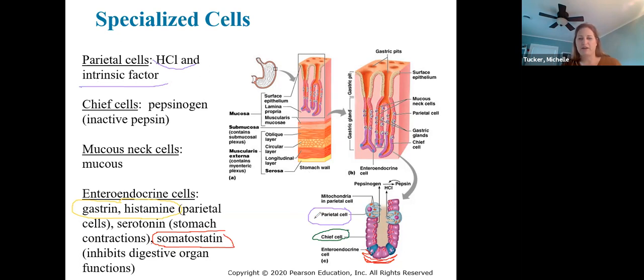That HCl environment is going to help break down proteins, but it'll also help to activate that pepsinogen into pepsin. And then last but not least, we get the mucus neck cells at the very top, producing an acidic version of mucus. So know the cells, know their secretions, and know these three hormones as far as do they promote stomach motility and digestion or inhibit.